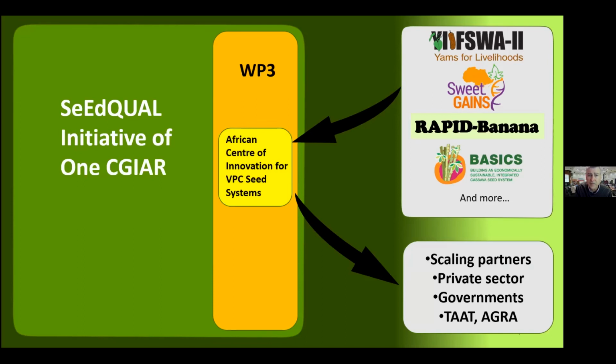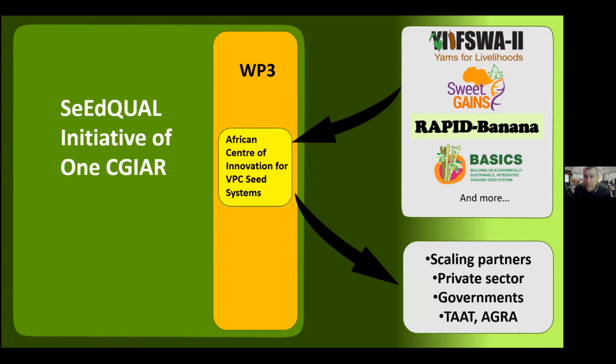And we see the Center of Innovation generating and consolidating those innovations, but then not actually involved in the scaling of them, but rather working with partners who hopefully will scale those innovations and share those lessons with those who are building economically sustainable seed systems. So that in some cases will be the private sector, whether that be private sector companies or village seed entrepreneurs.